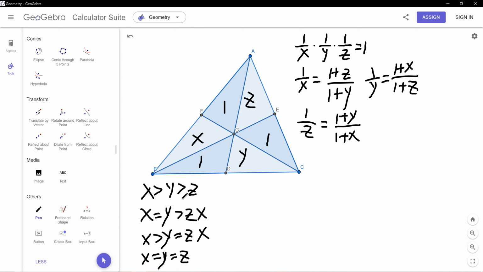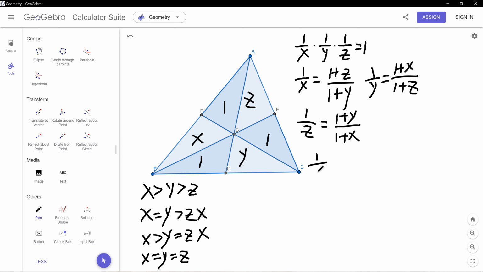What about x larger than y larger than z? That means 1 over z would be the largest among 1 over x, 1 over y, and 1 over z.